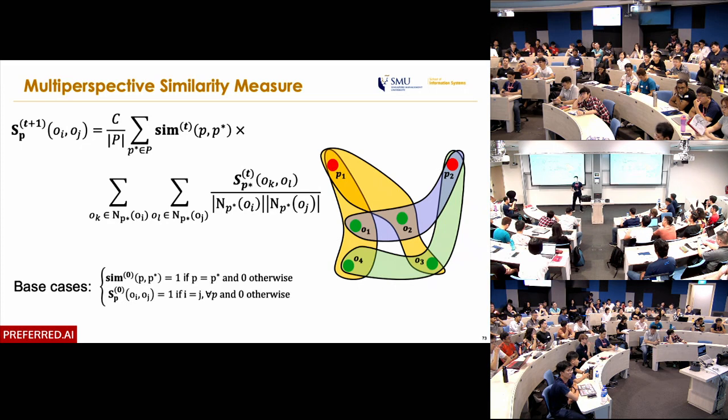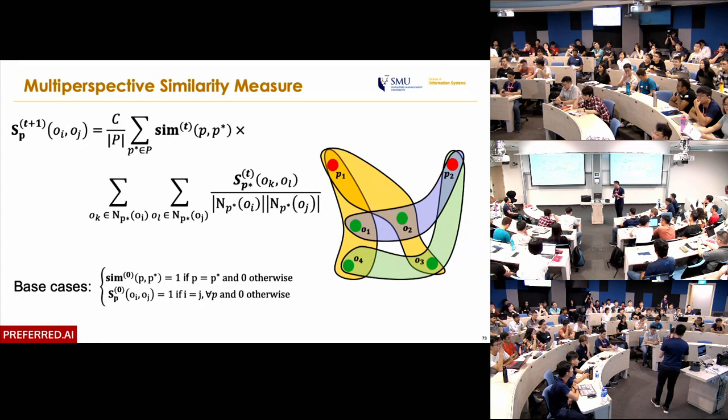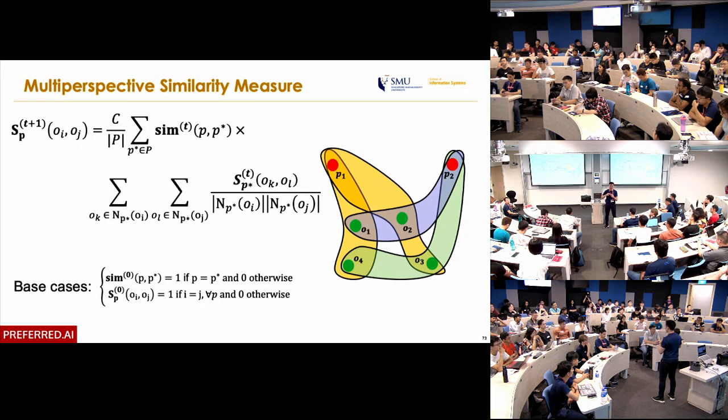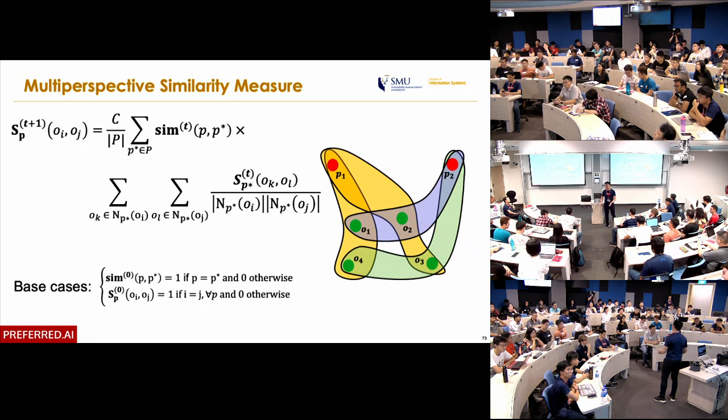So it's like you want to look at your friends and see how they think the two objects are similar, and you also want to see how similar you and your friend are. And then you average out these values. So then you come up with how you perceive how similar two objects are.